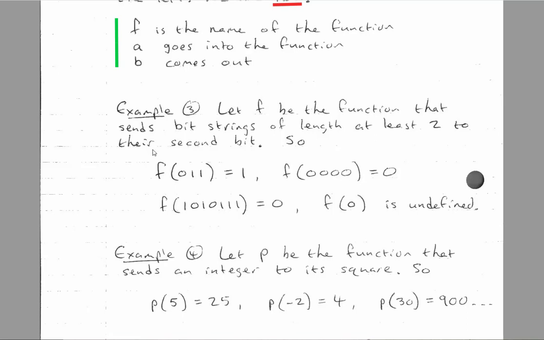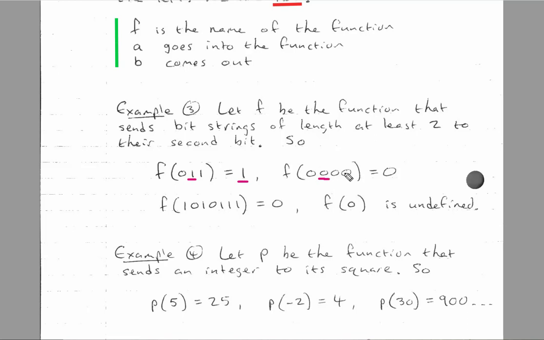And what's the output? Well, it just sends them to their second bit. So a bit like the word function. In this example, f of 0, 1, 1 is a bit string of length 3.